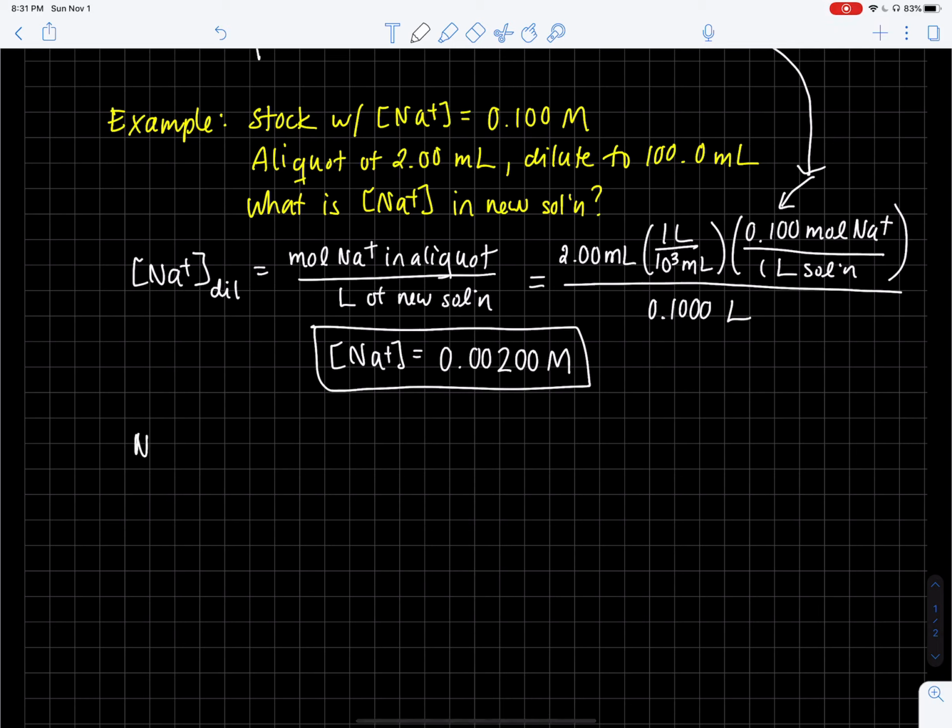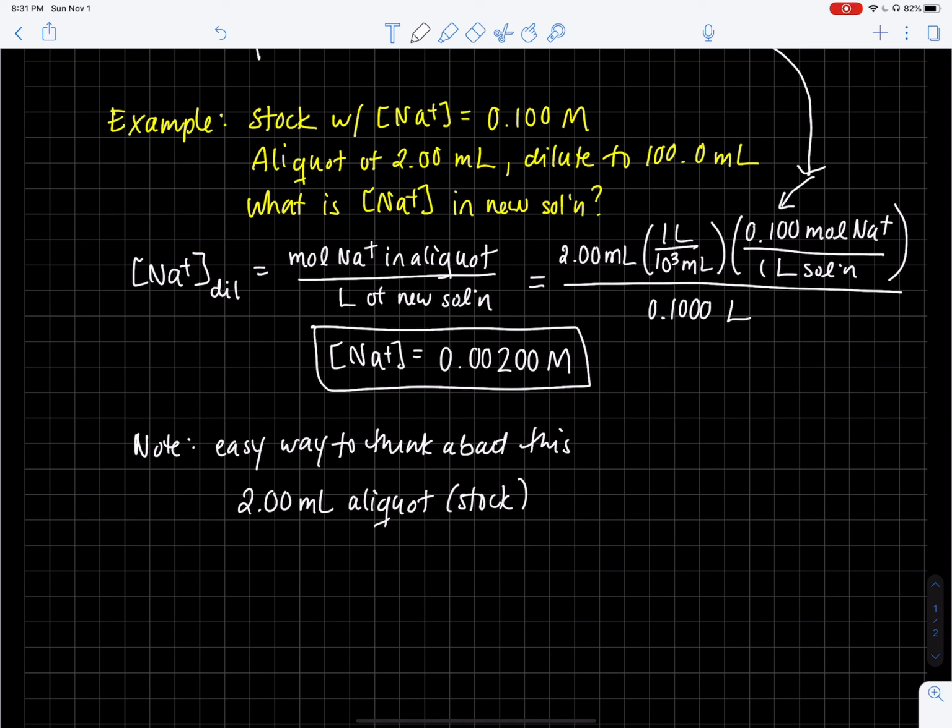Now, there's something you can notice here, which can be handy if you're doing dilutions in this way, which is you can see how much you're reducing the concentration. Note, an easy way to think about this is that we put a 2 milliliter aliquot, which I'll remind you comes from the stock, into a 100 milliliter solution.